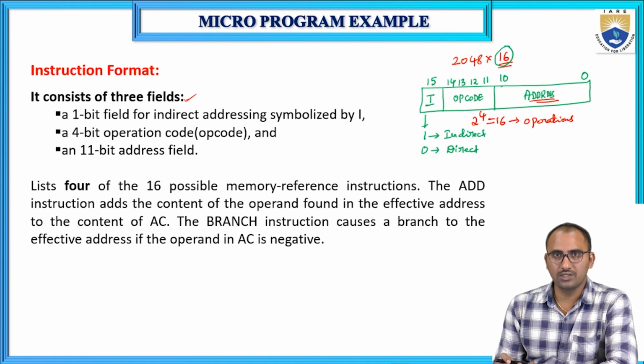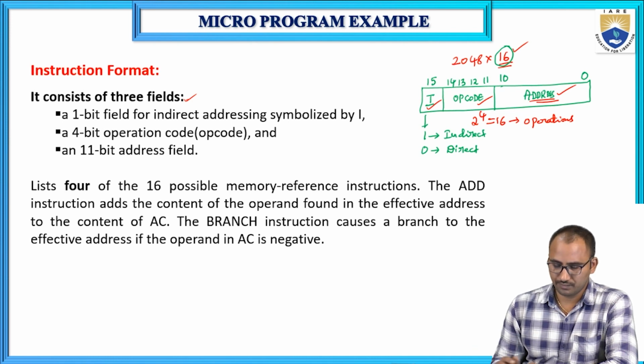The instruction is a command to the processor to perform some specific task. The size of the instruction is 16-bit and it is divided into three fields. The first field is the address field, the second field is the opcode field, and the third field is the indirect bit.